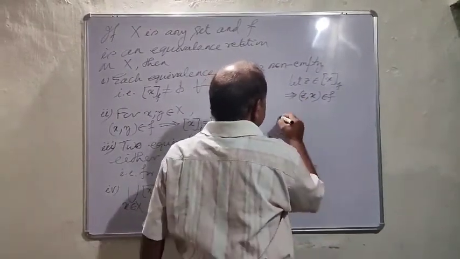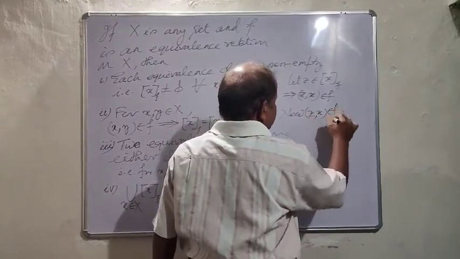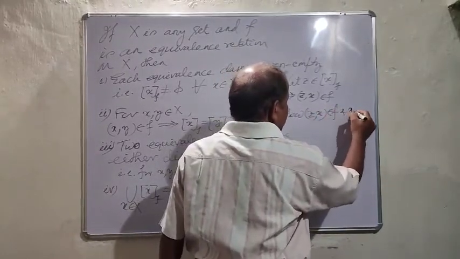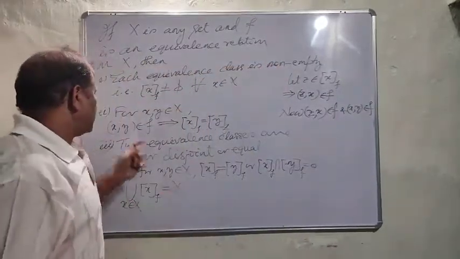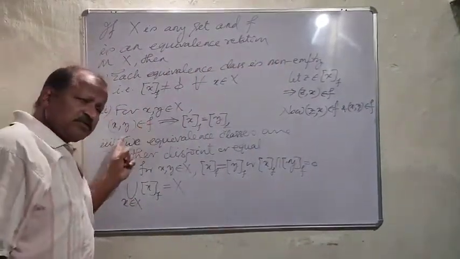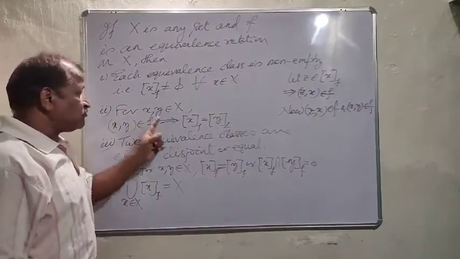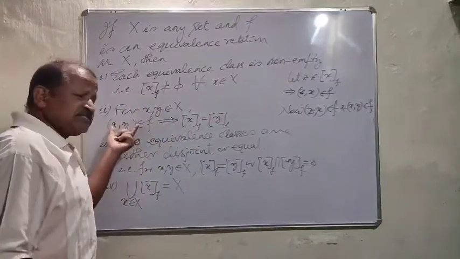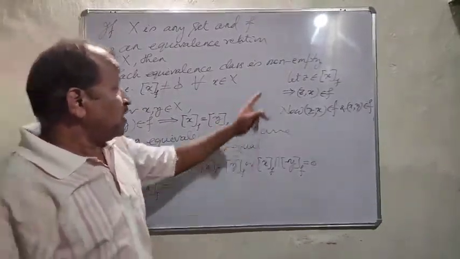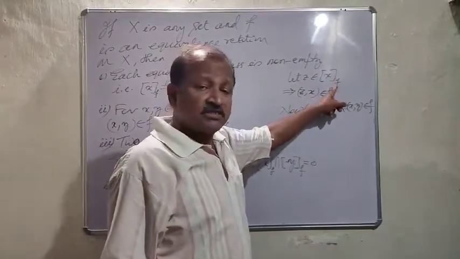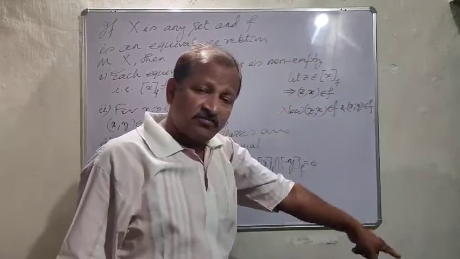Now z is related to x, and it is given that x is related to y. This is the hypothesis. If x is related to y, we have to show that this is equal to this. We have taken z in the equivalence class of x.